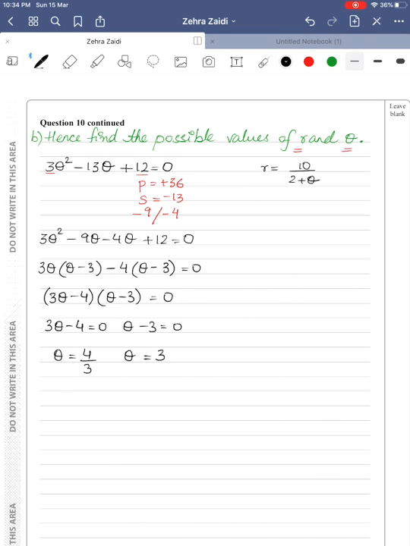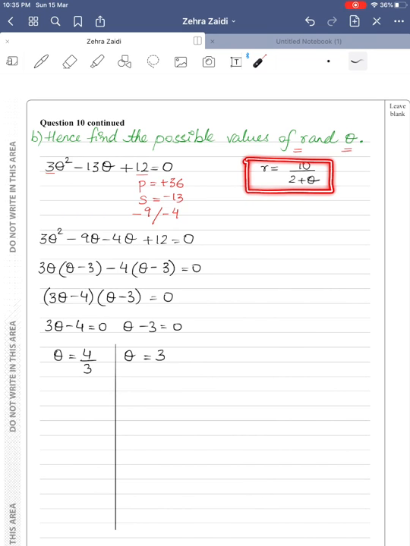When theta is 4 divided by 3, we can use the equation r is equal to 10 divided by 2 plus theta, from the first part of our question, to substitute. Theta can be replaced by 4/3.